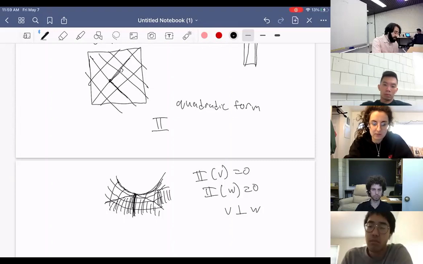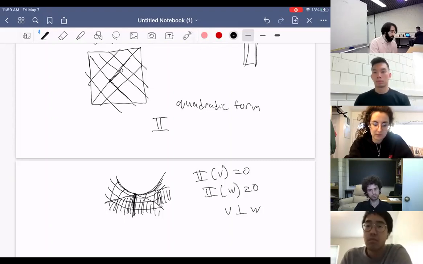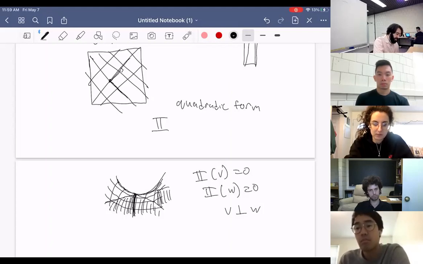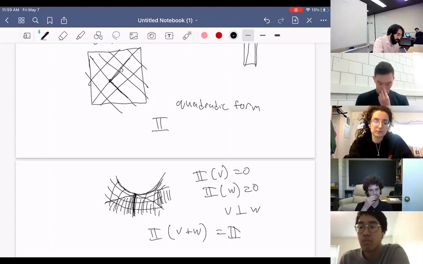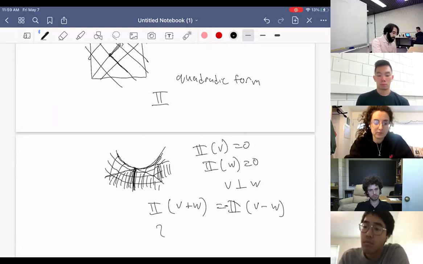Well, because these two meet at 90 degrees, we know that there's a symmetry here, and that basically we can reflect and rotate this entire saddle on its head, and we get that these are the two eigenvalues, and they exactly cancel out.